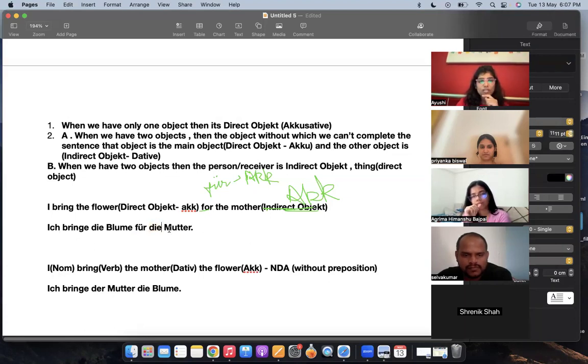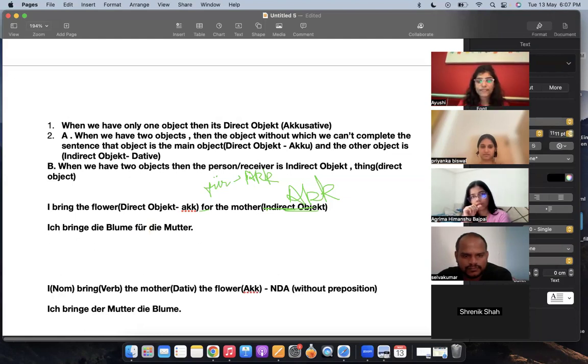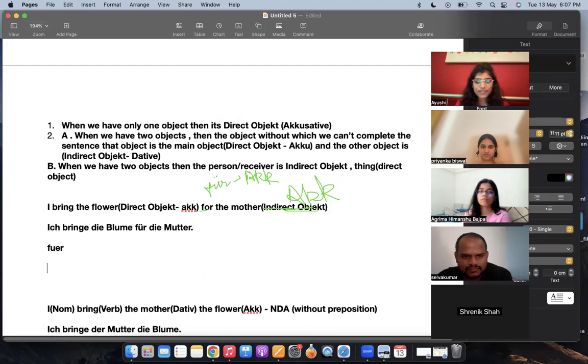Also, one more thing, guys: if you don't have the umlaut, the dots, on your keypad, the accepted thing is you can write an e after the letter. Let's say if I'm writing Nürnberg, I have the umlaut, that's why I've written it.